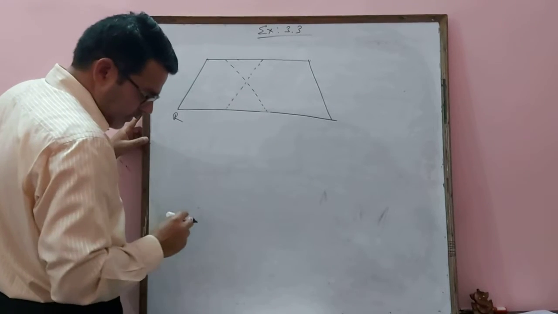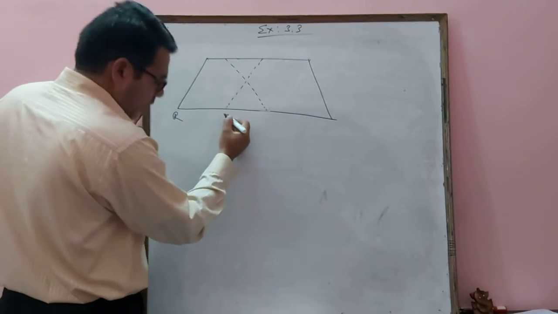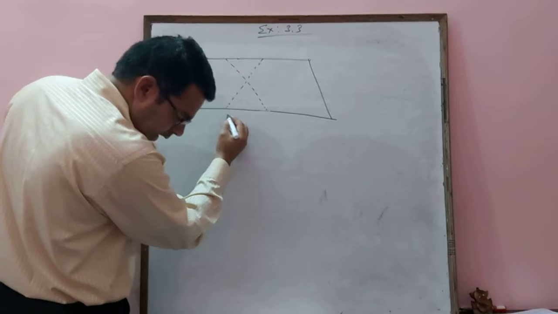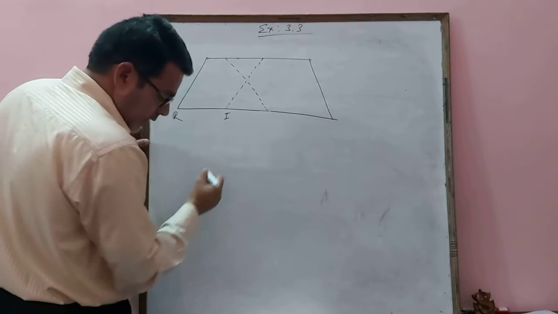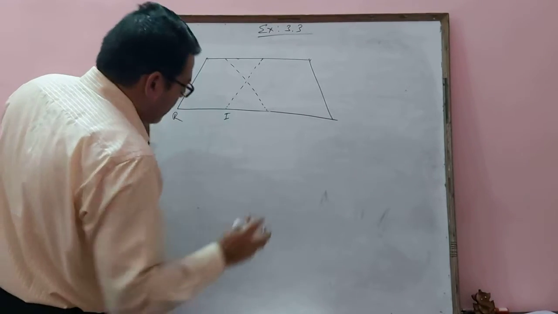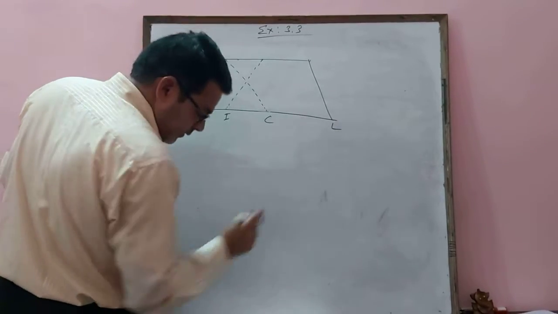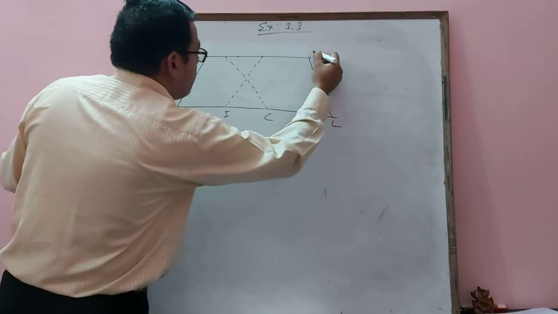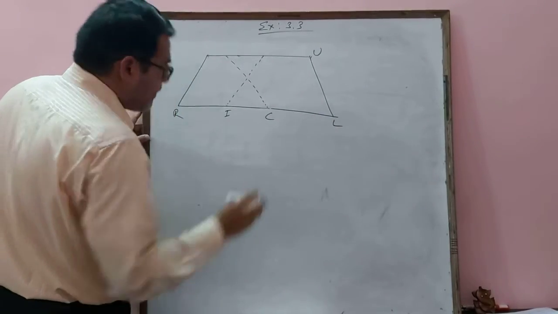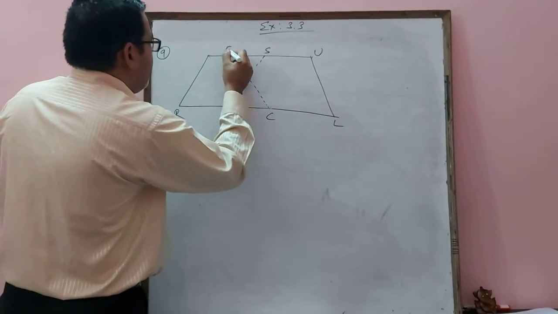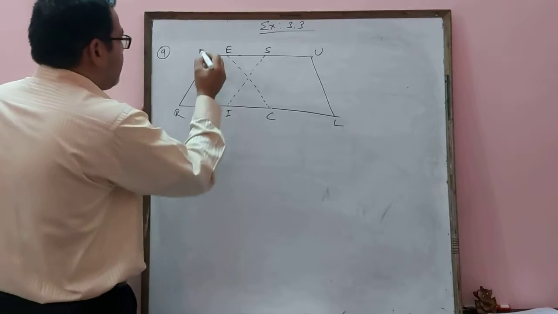Like this. This is R. Here is I. Here is C. Here is L. Here is U. Here is S. Here is E. And here is K.